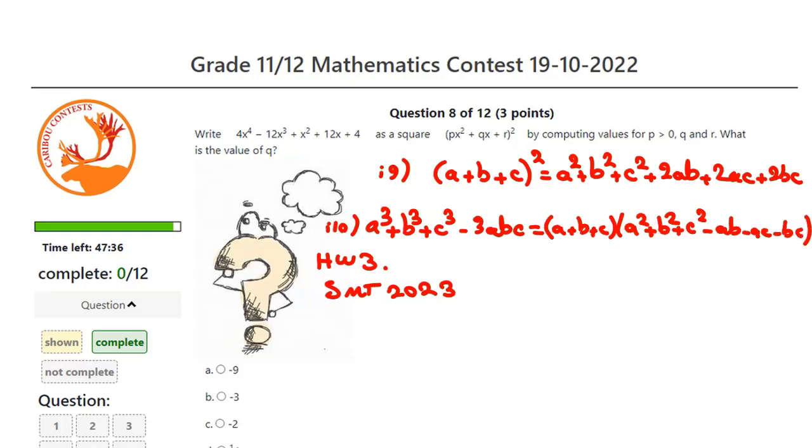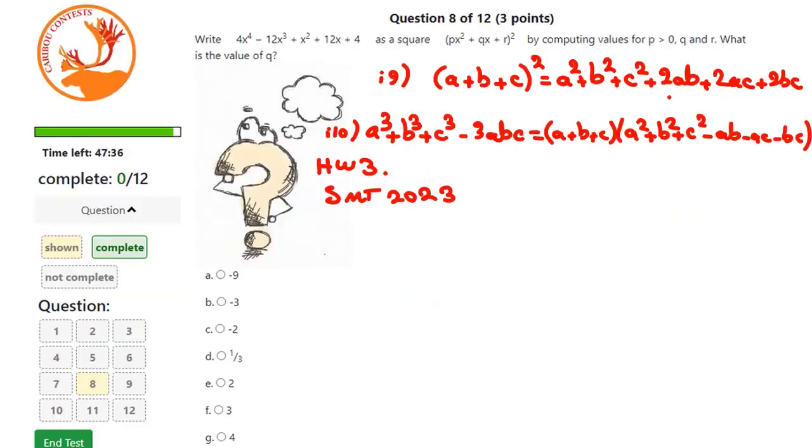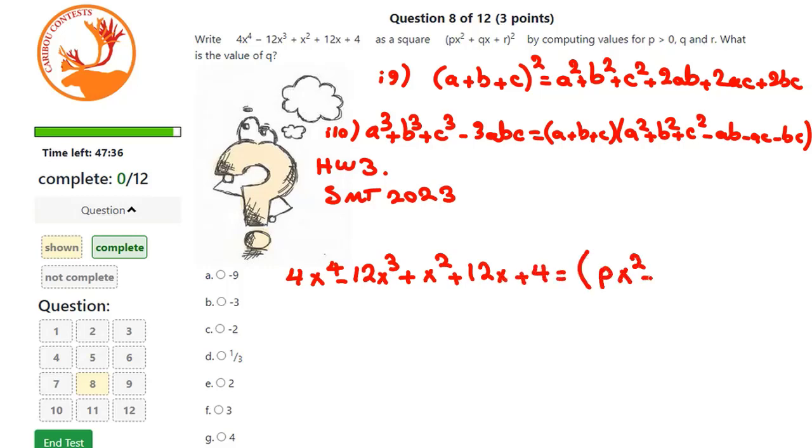Okay. Now we want to use idea 9 for this problem. 4x to the 4 minus 12x cubed plus x squared plus 12x plus 4 equals (px squared plus qx plus r) whole squared. We want to find all of them, p, q, and r.